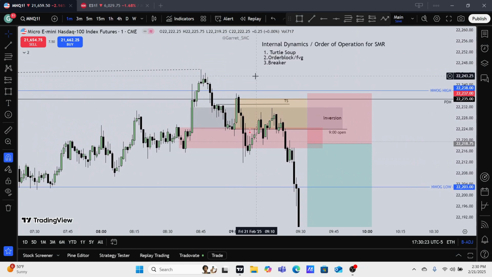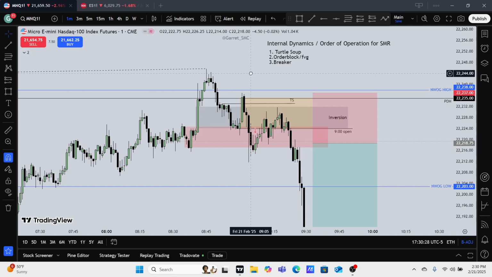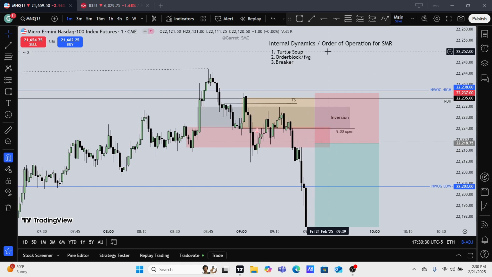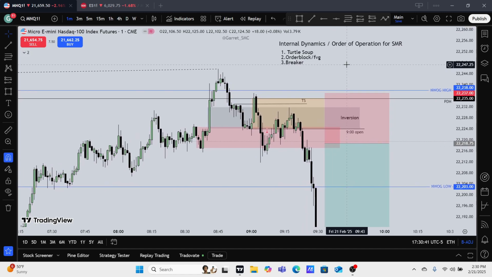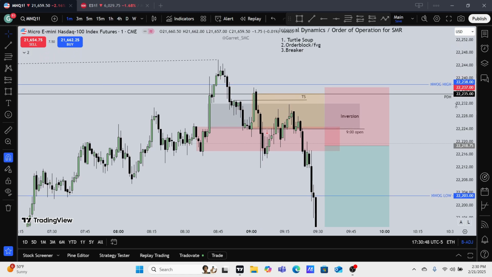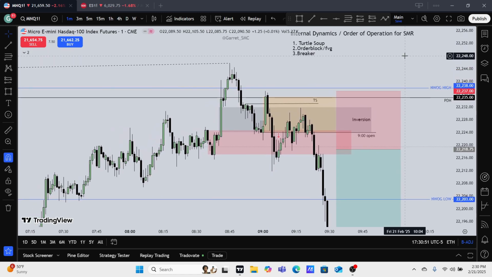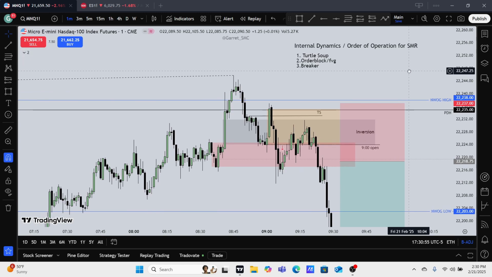And so when you're looking for a reversal, it's always going to have a turtle soup, an order block slash fair value gap, and a breaker block. Okay, I am convinced that the market will not reverse unless you have these three things. Okay, so if you are trying to catch a reversal, oh, is this the high of the day? Is this the low of the day? These are the things that you need to be looking for.